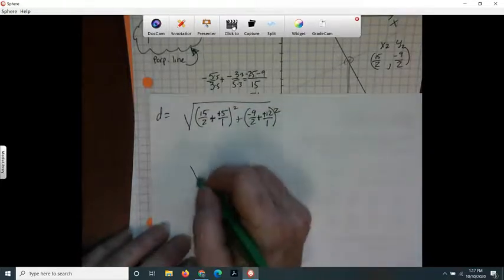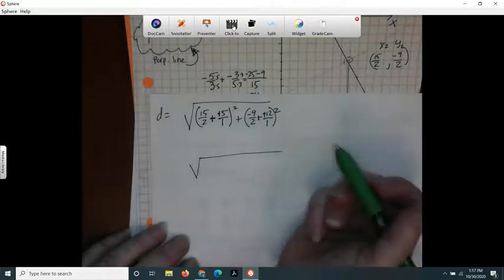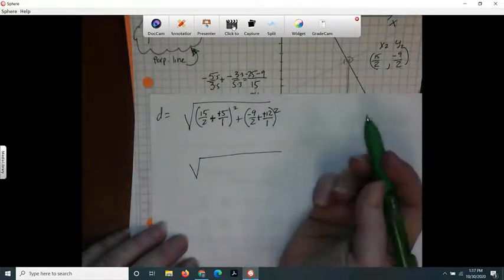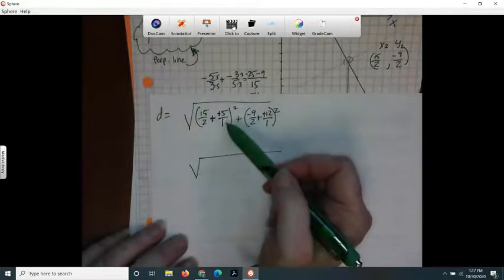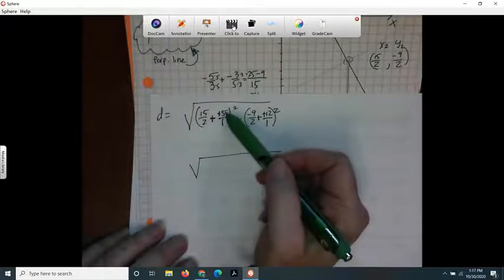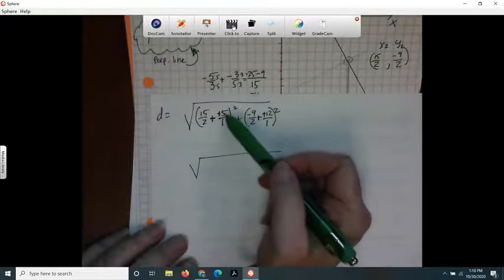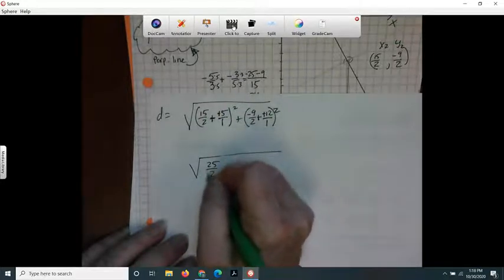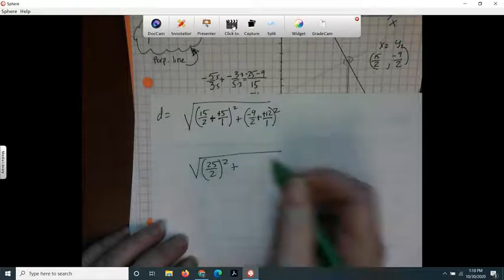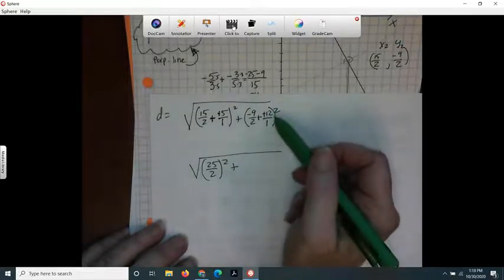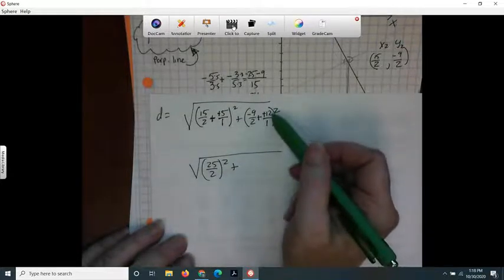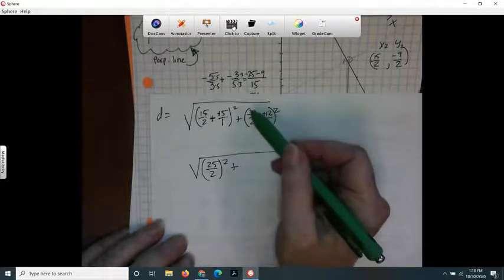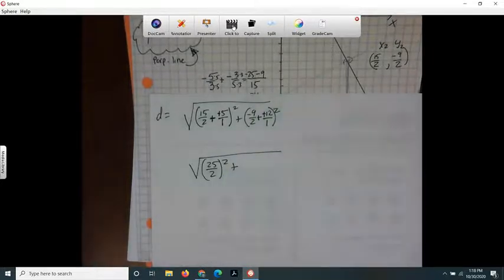Okay, so that's 5 over 1, which would be 10 if it was 10 over 2. And 10 plus 15, that's 25 over 2. And then I'm just doing the common denominator. So this would be 24 over 2. And 24 minus 9 is 15.